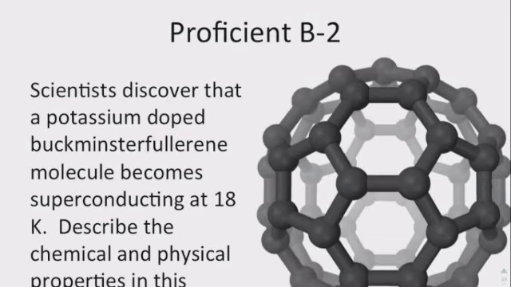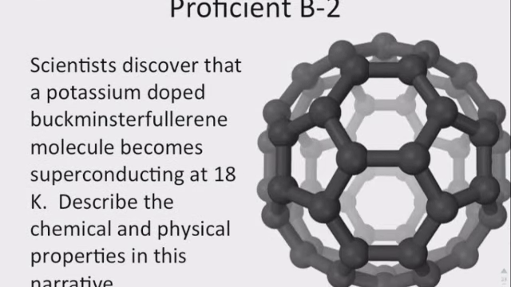Moving on to our next example, it says scientists discovered that a potassium-doped Buckminster Fuller molecule becomes superconducting at 18 degrees Celsius. Describe the chemical and physical properties in this narrative. We would look at this and say that, well, it's at 18 degrees Celsius, so that would be a physical property that it's very cold.